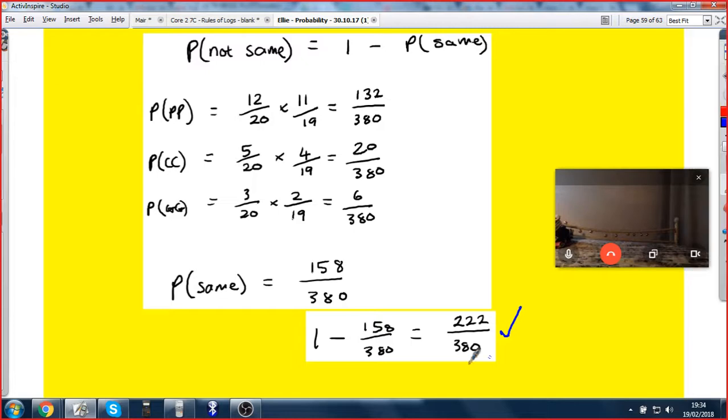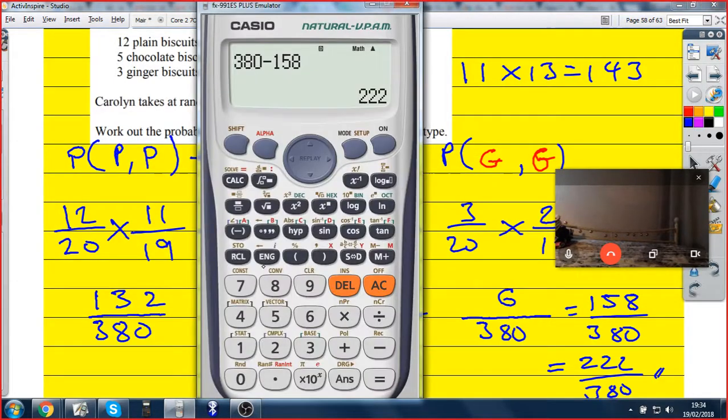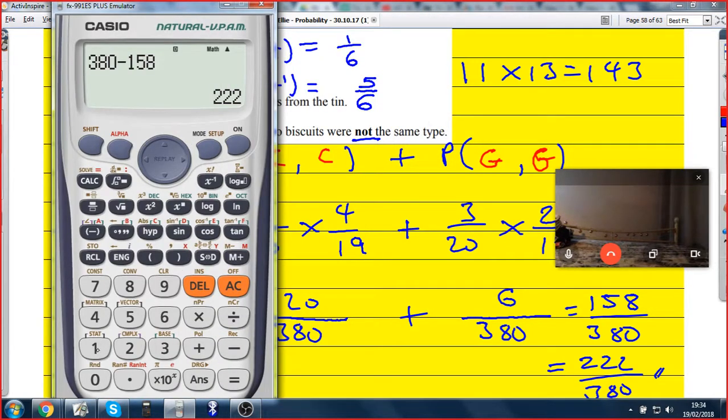222 over 380. That's true for all probability. So if you think about the coin, the probability that it lands on heads is 1 minus the probability it lands on tails. If you do 1 minus 1 over 6, you get 5/6.